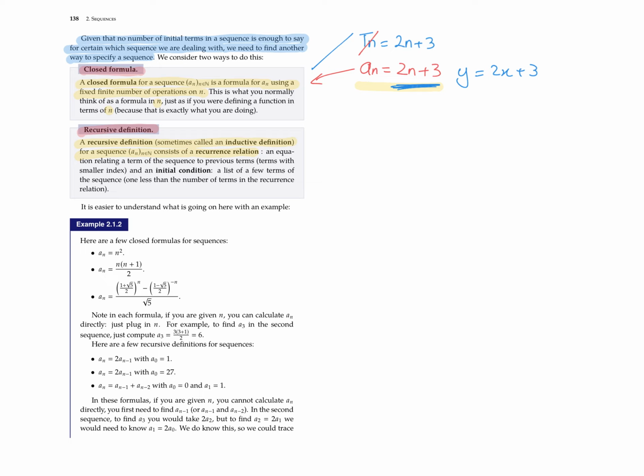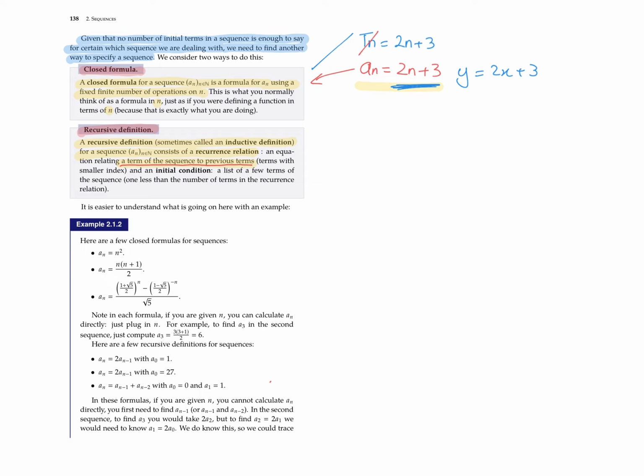What is a recurrence relation, we can ask ourselves? Well, it is an equation relating a term of a sequence to the previous term. It's a term of the sequence given in terms of the previous terms.